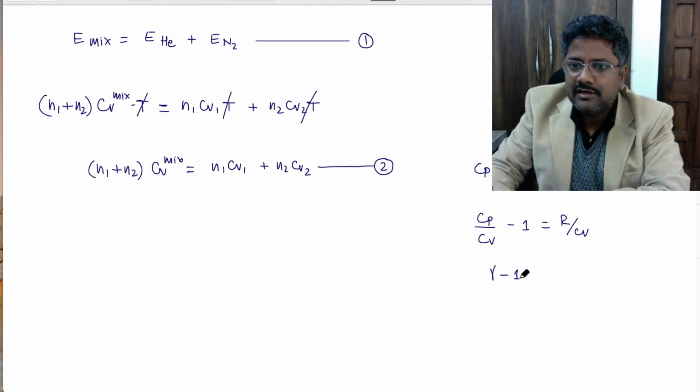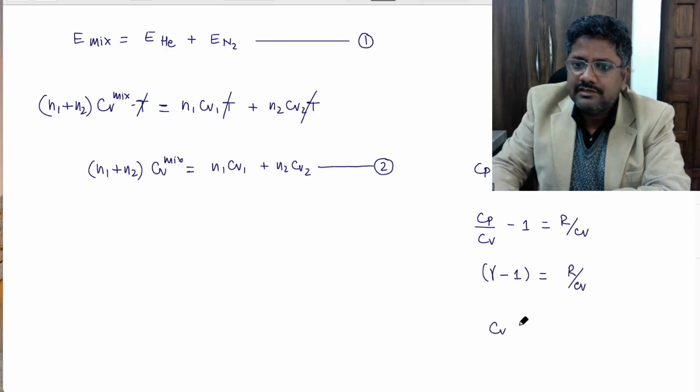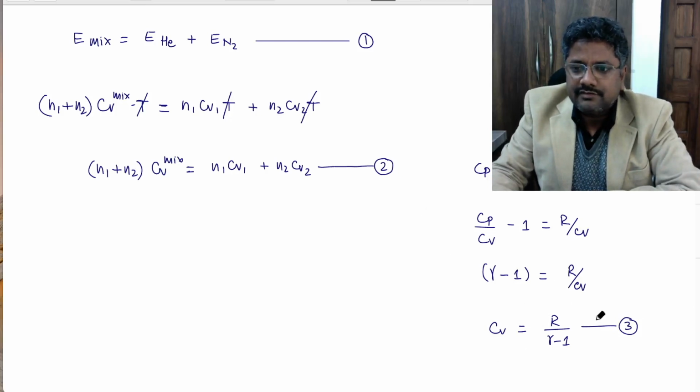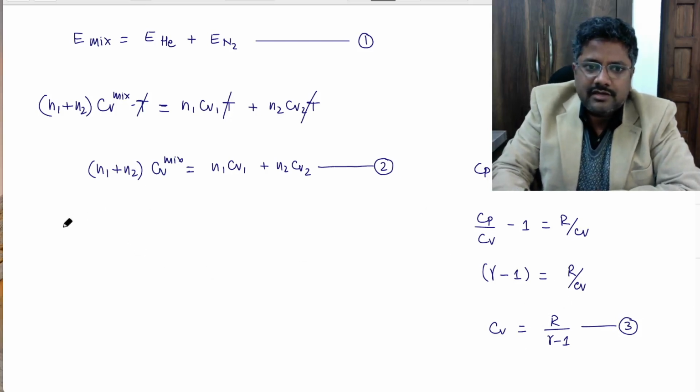So gamma minus 1 is equal to R by Cv. So Cv is equal to R by gamma minus 1. This is another equation, equation 3.